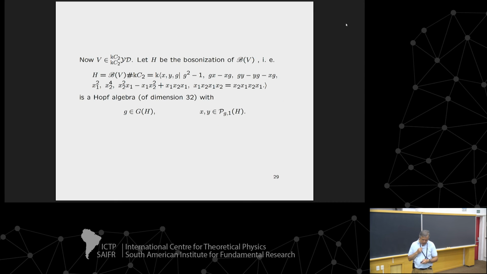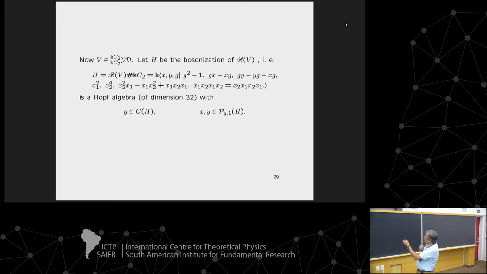So first, as before, I can construct a Hopf algebra H, which is obtained by bosonization of B of V with the group algebra of C2. And I realize V over C2 exactly as before, so I don't enter into details. And the Hopf algebra A is explicitly defined by these relations.